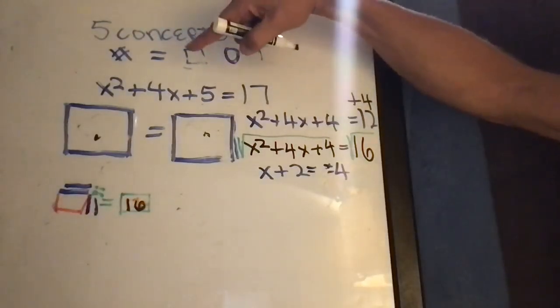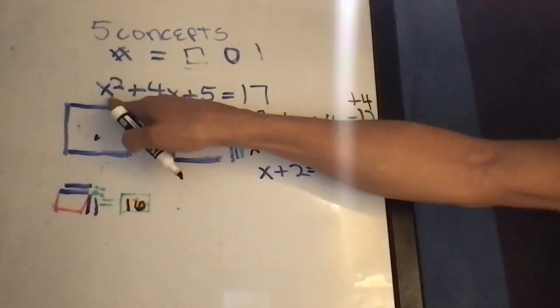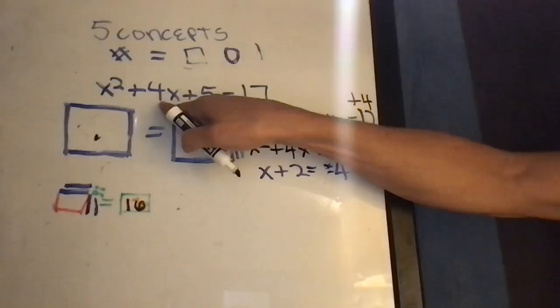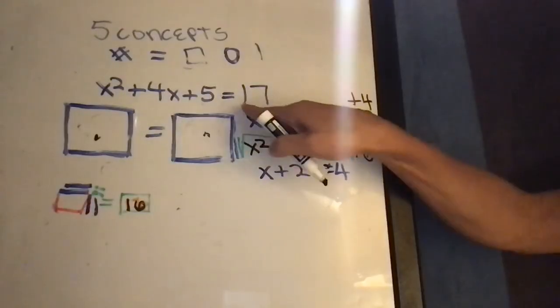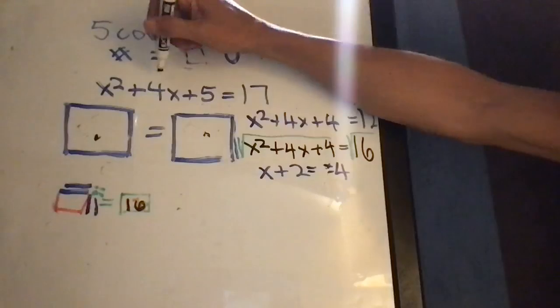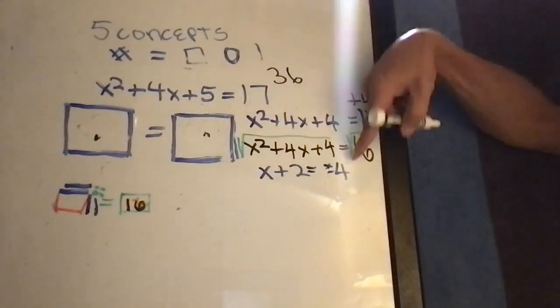Because certainly when I put it in, you can see right there that 4 plus 8 is 12, plus 5 is 17. And then if I do it again, negative, so what am I going to have? I'm going to have 36, right? Because negative 6 times negative 6.